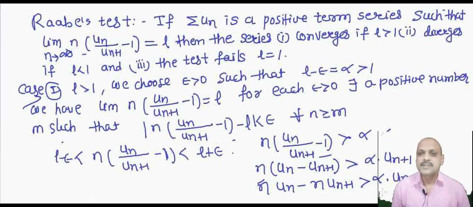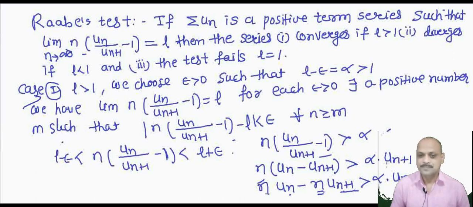Now for symmetry, here n into un and here n into un plus 1, we subtract un plus 1 on both sides.